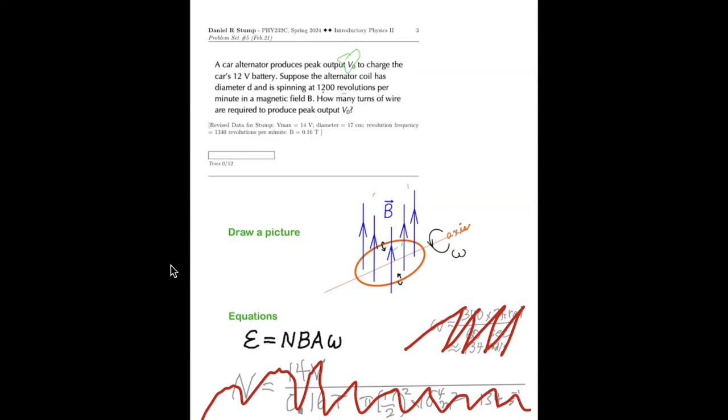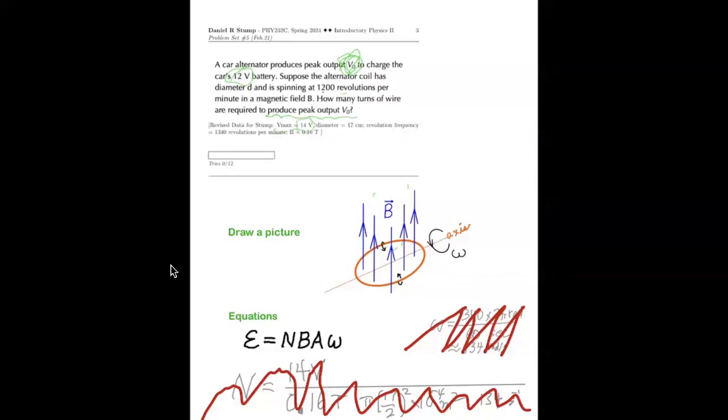And what this question asks is, how many turns of wire are required to produce a peak voltage of V0? Now, V0 should be greater than 12 volts so that the battery can be kept completely charged. It specifies here that the peak voltage will be 14 volts.